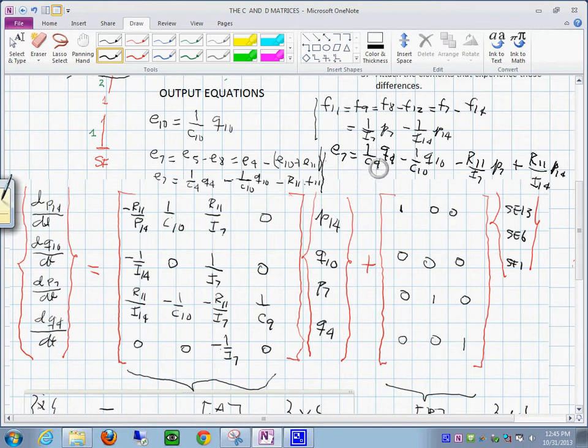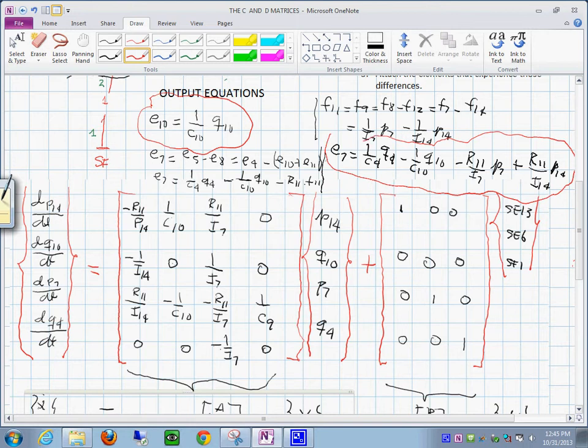These two equations that you have in here, I'm going to encircle them. This one right there and this other one in here, those are the two output equations that we are after.